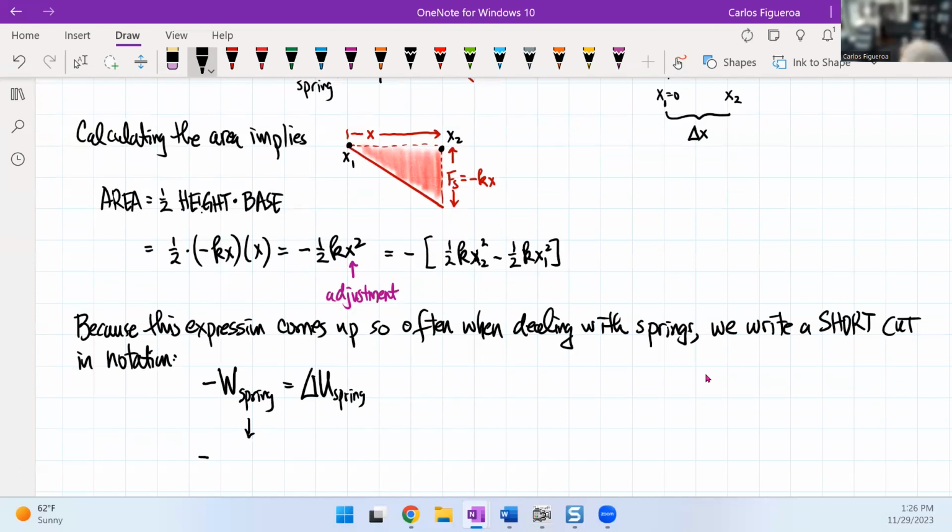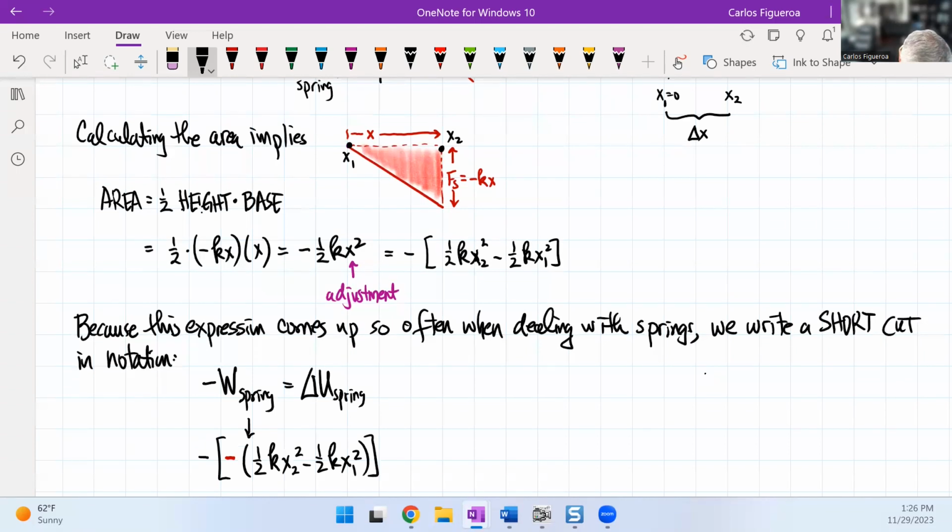I have a minus already, but then the work of the spring also carries a minus sign, which then tells us it's 1/2 k x2 squared minus 1/2 k x1 squared.